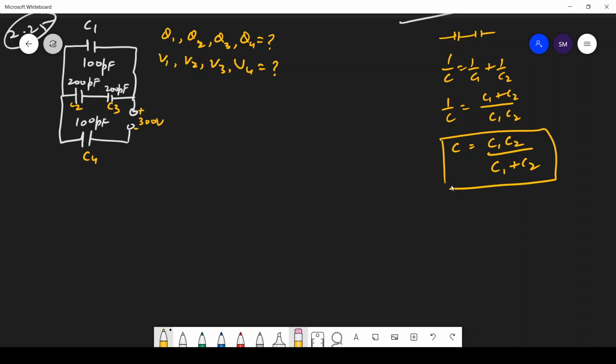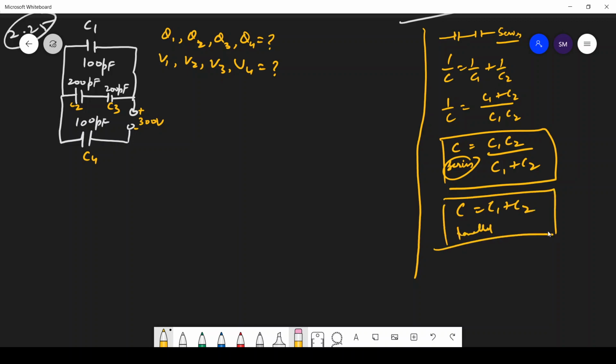So this formula we will be directly using when C1 and C2 are connected in series, okay? And what about parallel? So this is for series, right? For parallel, C is equals to C1 plus C2. So it's better, students, if you use these formulas, right? Okay.